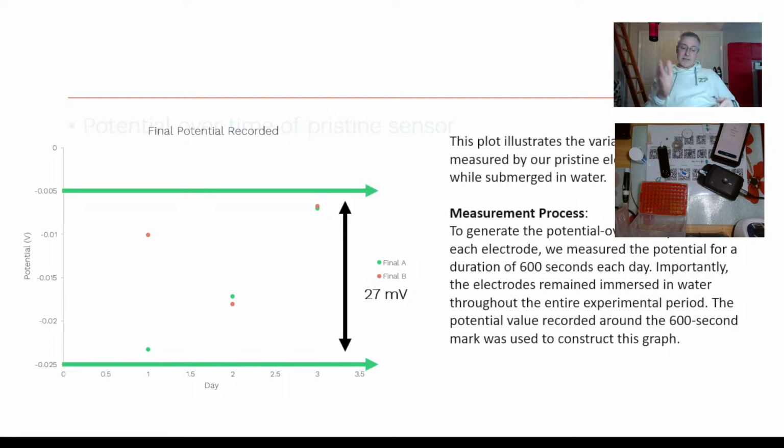Now I can understand that if this was pH, a voltage change of 27 millivolts over 2 days is equivalent to about a 0.5 change in pH. So you went from 7 to 7.5, or from 7 to 6.5. I can understand that you'd want that stable.